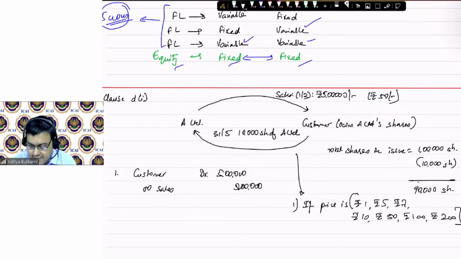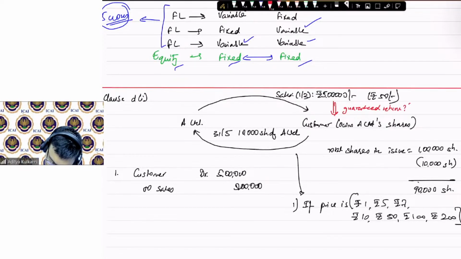So can I say that on these 10,000 shares, the customer is getting a guaranteed return of 5 lakh rupees? Yes or no? Can I say that if the customer gives the 10,000 shares to A Limited, the liability of 5 lakhs vanishes?